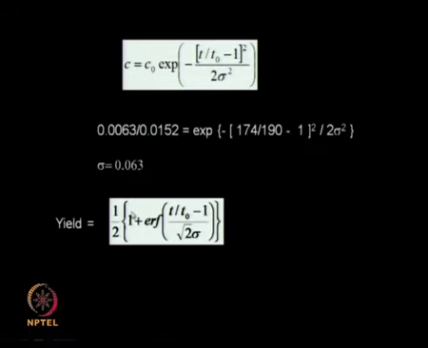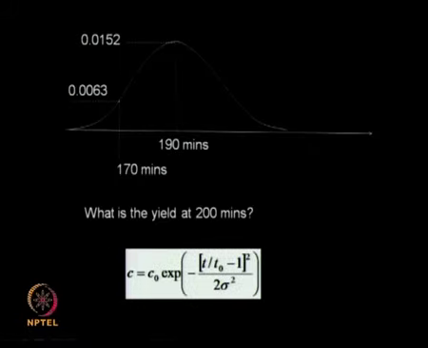This comes because we are collecting beyond the maximum. If you are collecting up to this, the yield is 0.5, and whatever is collected beyond is beyond 0.5, because we assume this particular curve to be uniformly distributed. So if I collect up to 190 minutes, the yield will be 50% or 0.5, and if I collect beyond 190 minutes, it will be 0.5 plus other term.